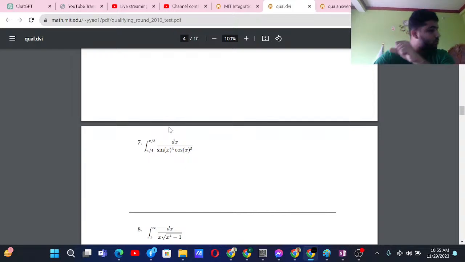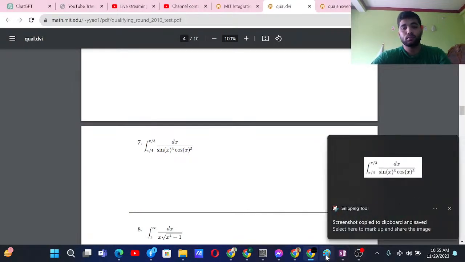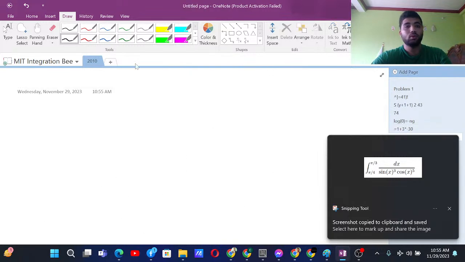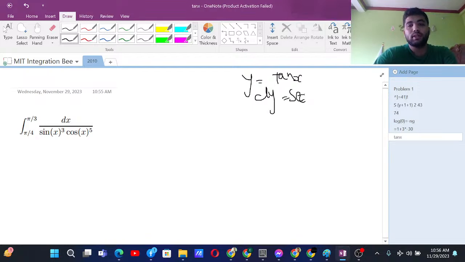For this problem, basically we change into tan and sec. Okay, so for this problem, we can basically change this into tan and sec, so that when we let y as tan, we get dy as sec square x dx, and that really helps.